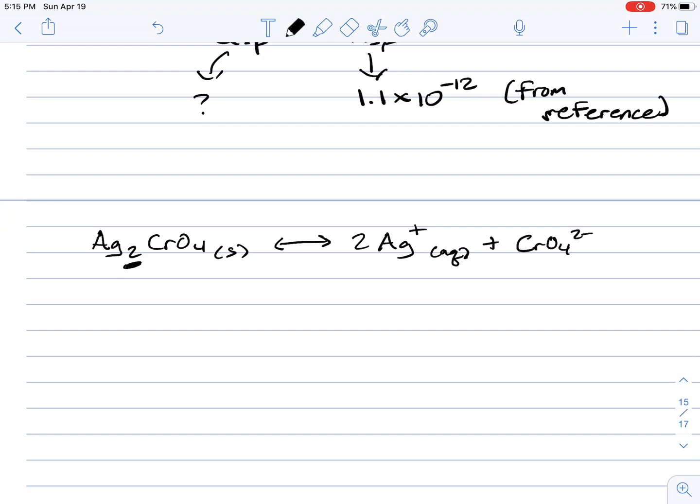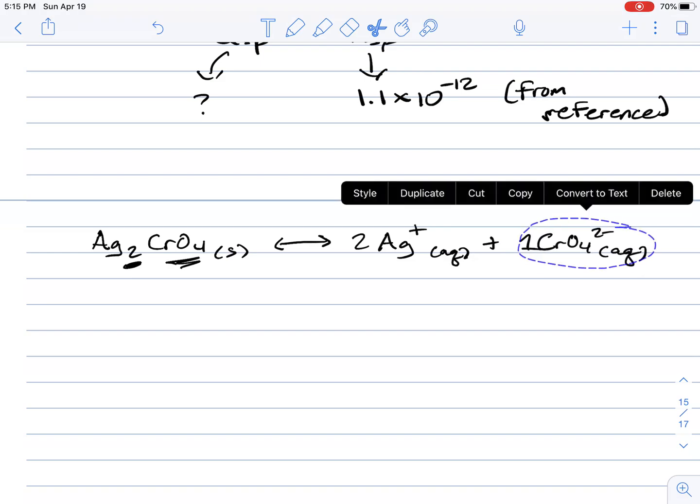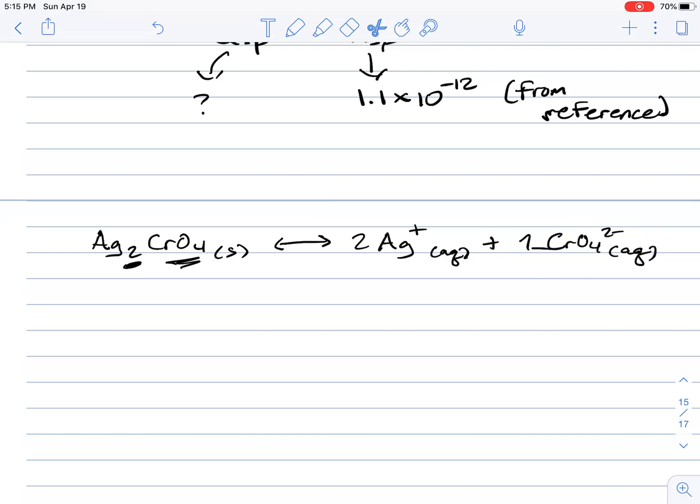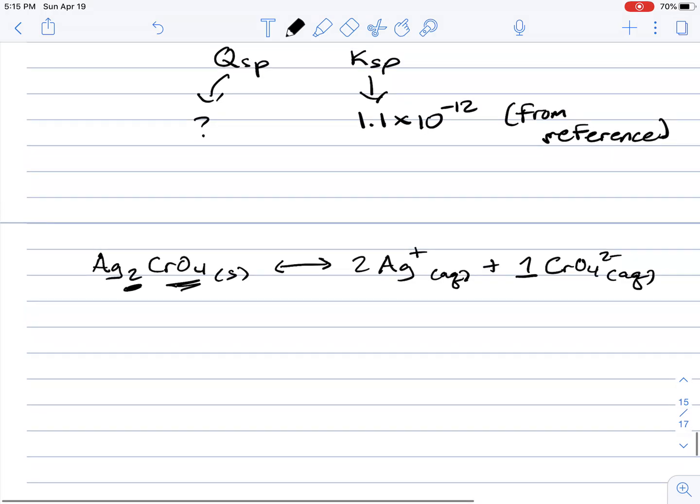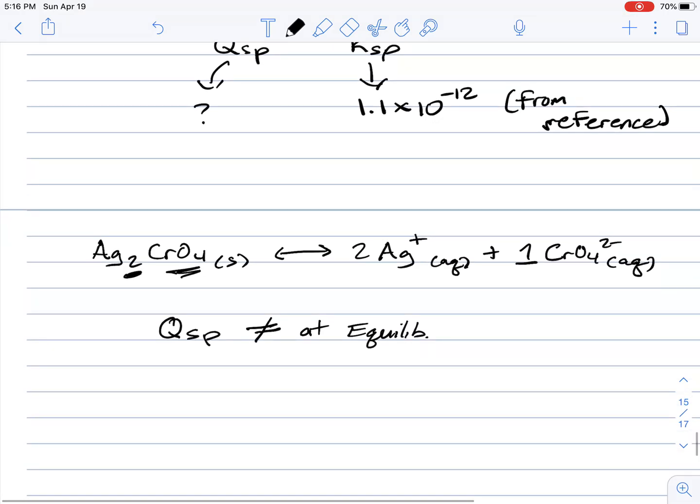And notice how there's 2 silvers for every 1 chromate, so we have to make sure that's represented correctly in our equation. Okay. And since Qsp is not at equilibrium, this tells us that we do not need an ice table.